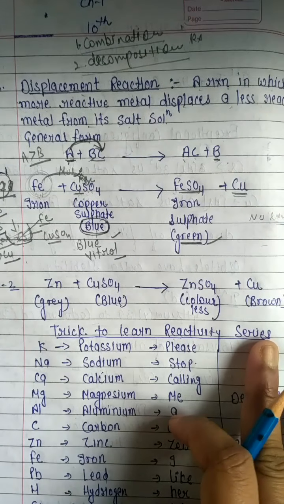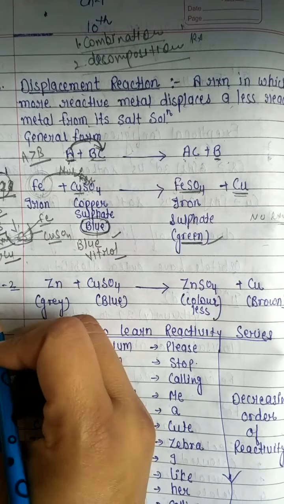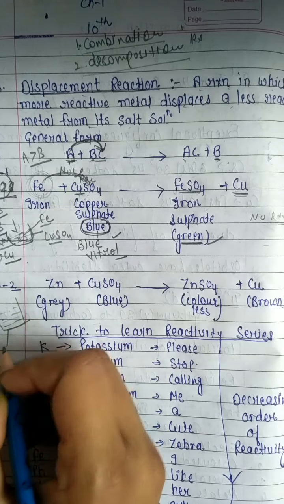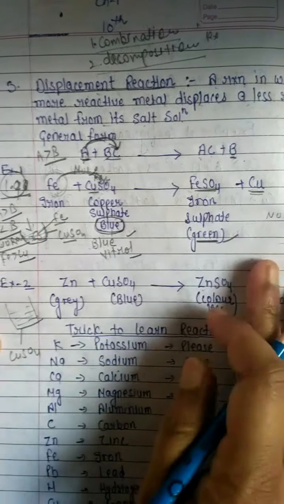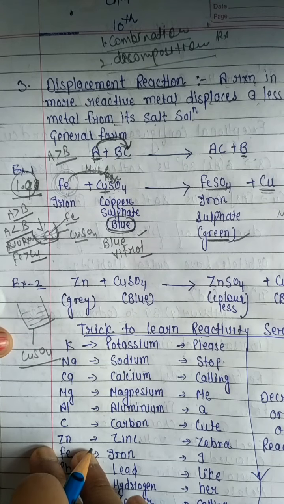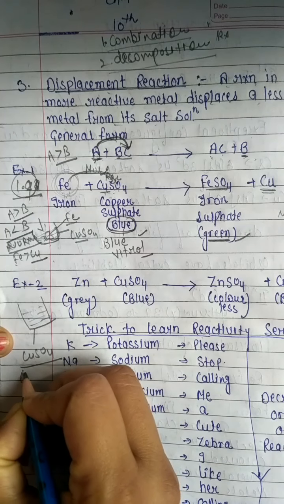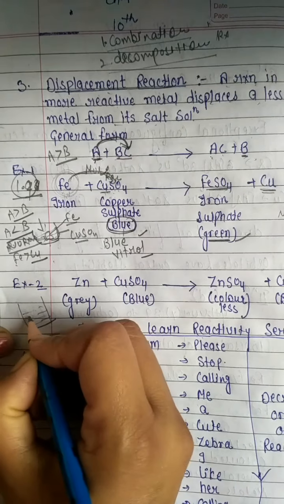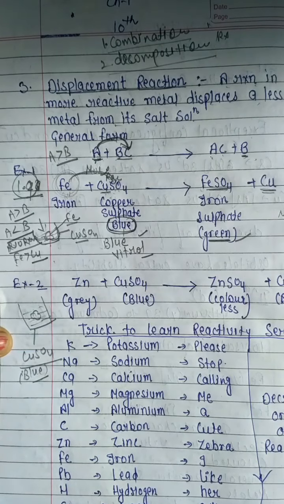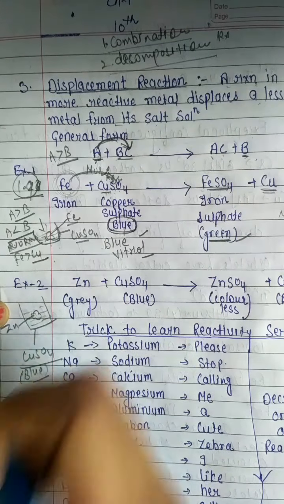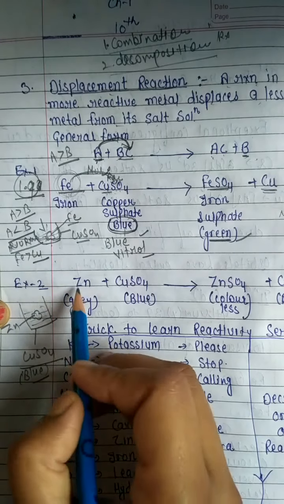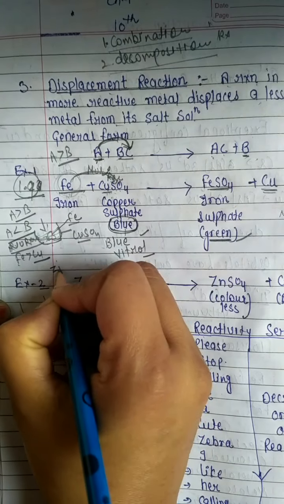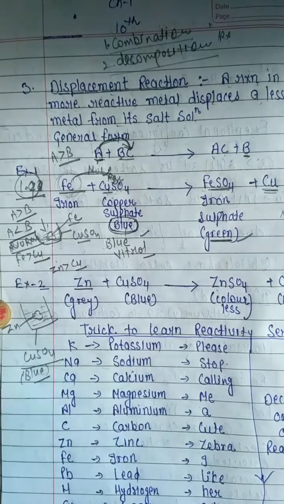Now, I am taking another example. In a beaker, I am taking the same copper sulfate solution again, and the color of the copper sulfate solution is blue. I put zinc metal in it. Now, zinc is also more active than copper, so it displaces the copper.